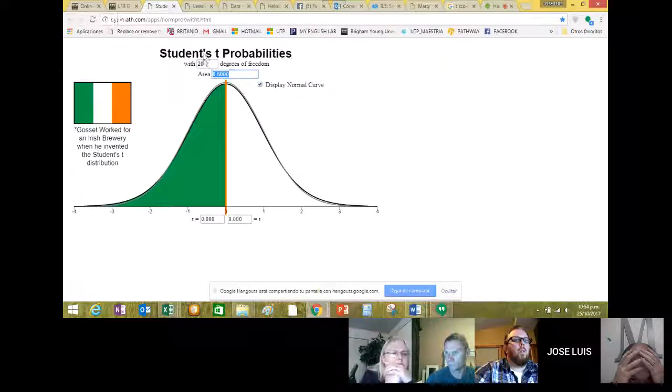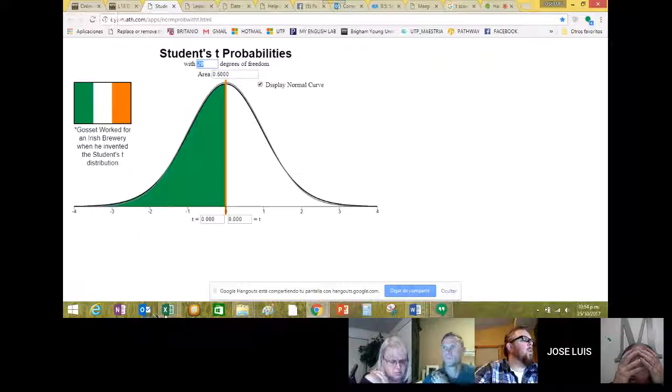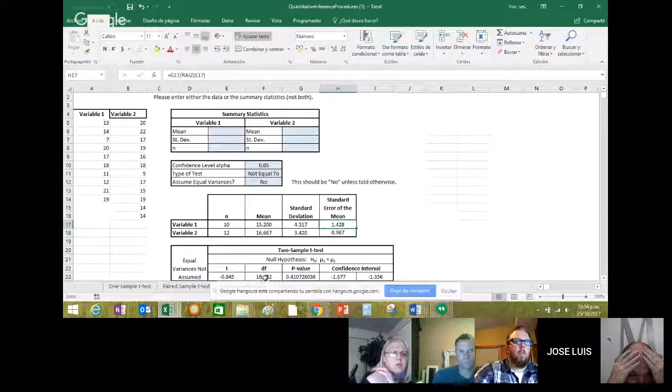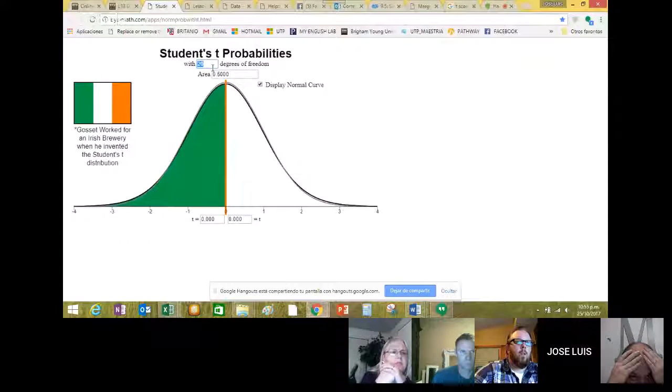And what is our degrees of freedom? Remember? Our degrees of freedom is 16.562.